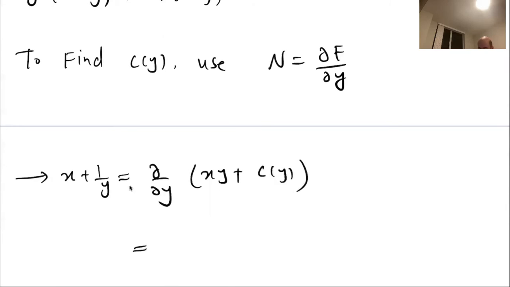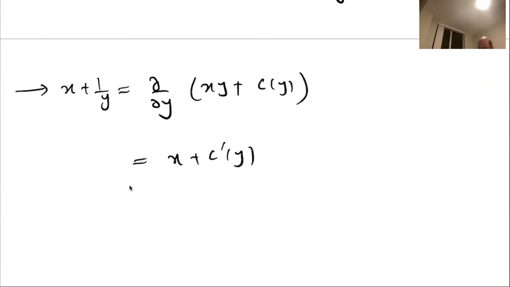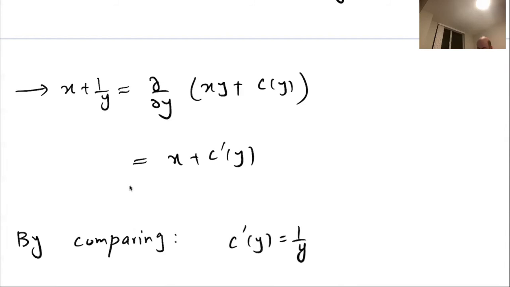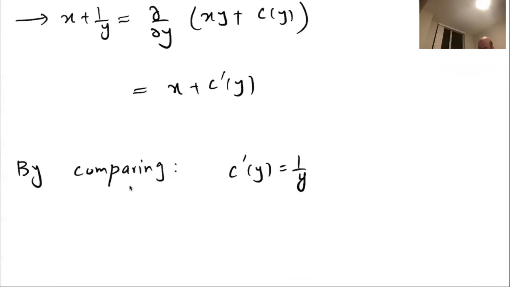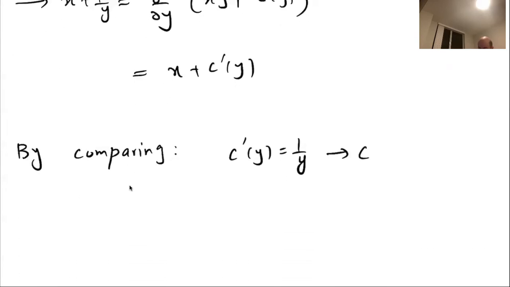And derivative of this guy with respect to y is x plus c prime of y. Now if I compare, I can say that c prime of y is equal to 1 over y. And therefore c of y will be ln absolute value y plus d.